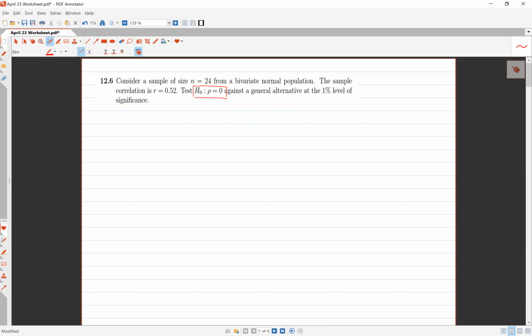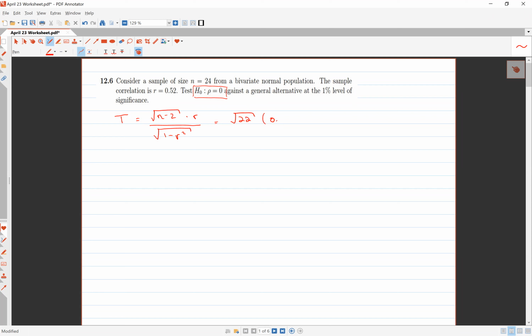So when you're testing for 0 correlation, the test statistic you use is big T, defined as the square root of sample size minus 2 times sample correlation over the square root of 1 minus sample correlation squared.